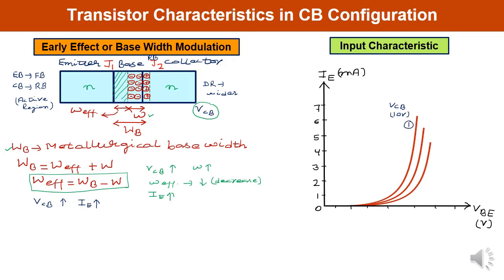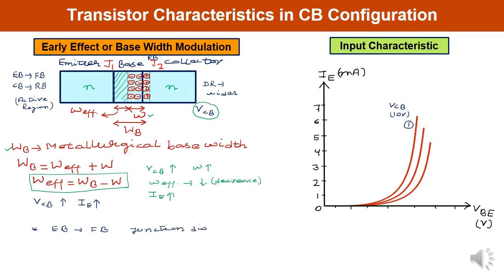When you are plotting the input characteristic, you must remember that the emitter base junction is forward biased. When it is forward biased, the characteristic curve will be the same as the characteristic curve of the PN junction diode.